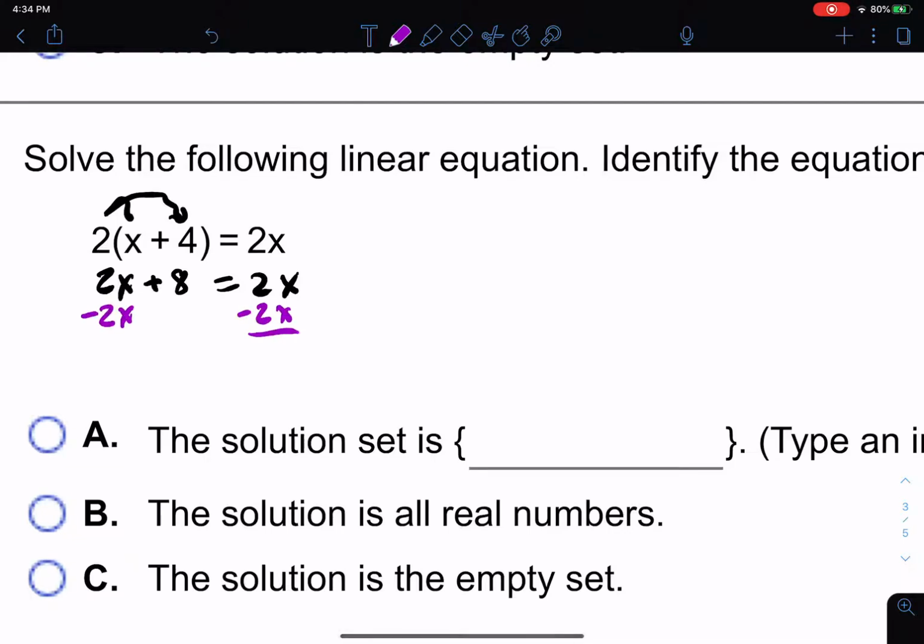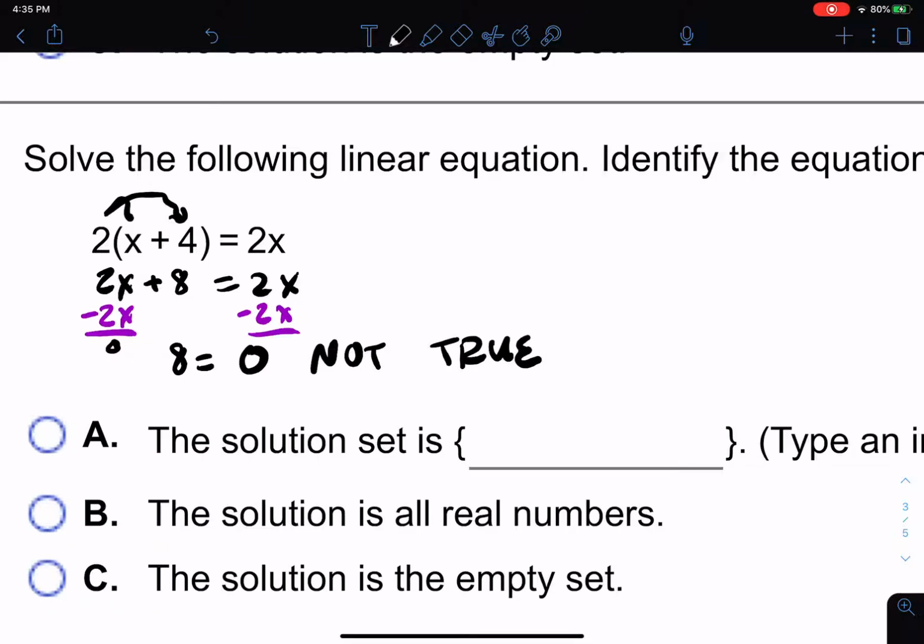And something that hasn't happened yet is going to happen right now. The x's cancel out on the left, and the x's cancel out on the right. We have a new equation that says 8 equals 0, and I know this is not true. 8 does not equal 0.